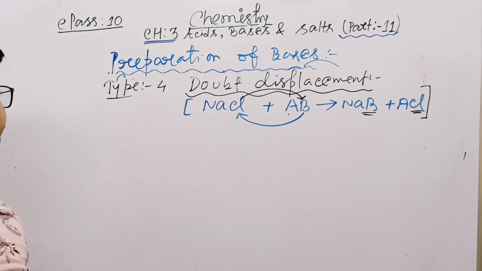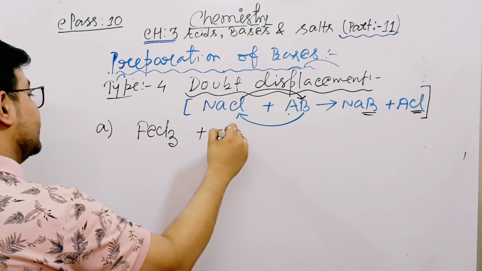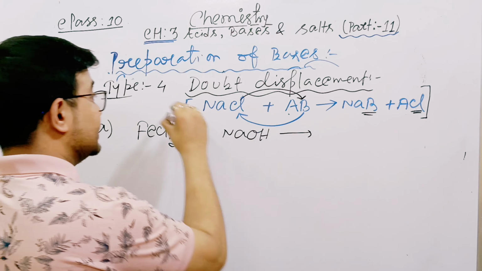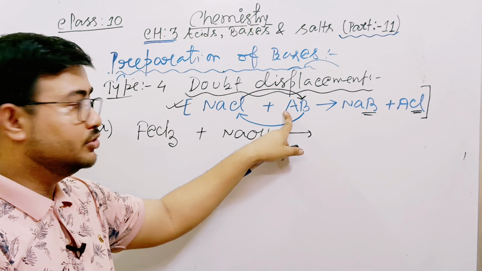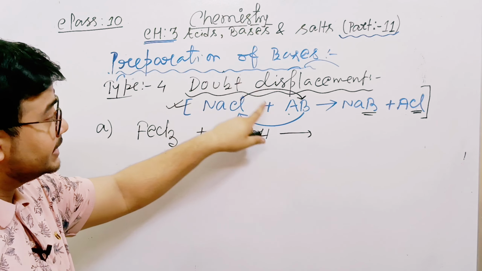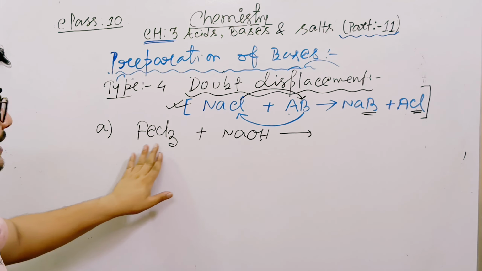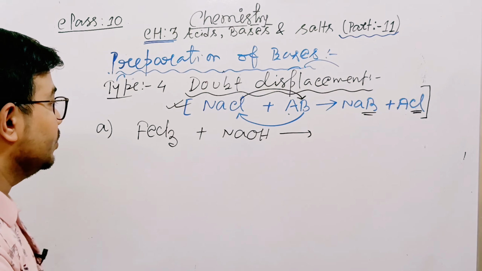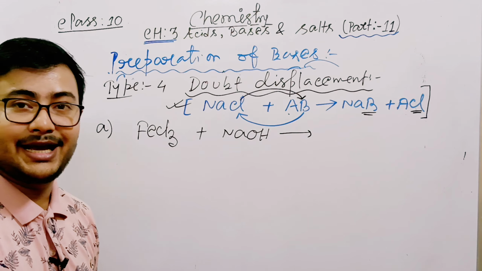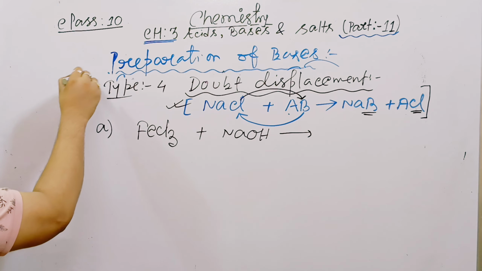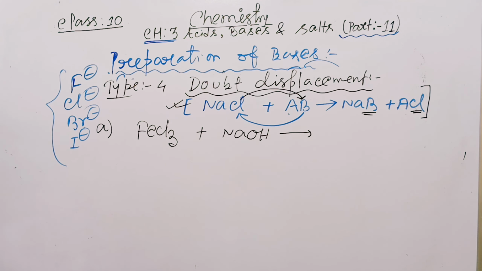In double displacement, for the first example, suppose I choose ferric chloride. This is the proper example, but you have to understand the first one, then you can easily understand this. Look at the board. FeCl3 and NaOH. Cl is minus, Cl means halide, any halide: F minus, Cl minus, Br minus, I minus, all are minus halides.